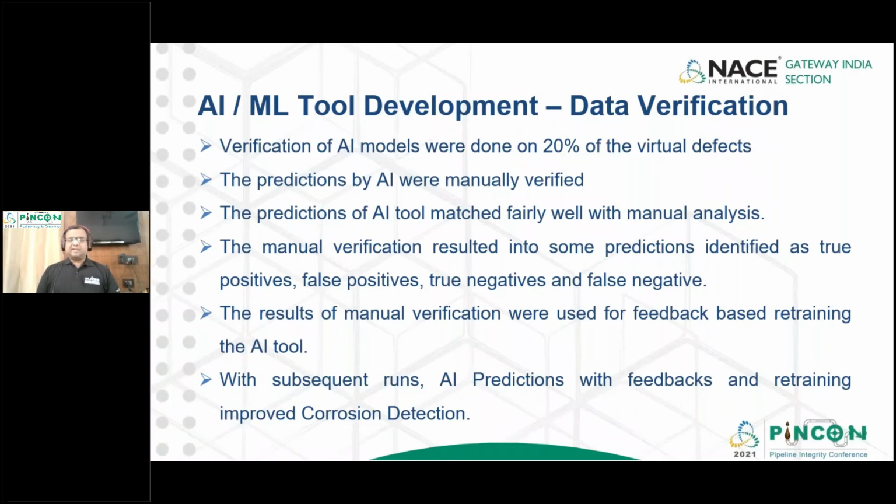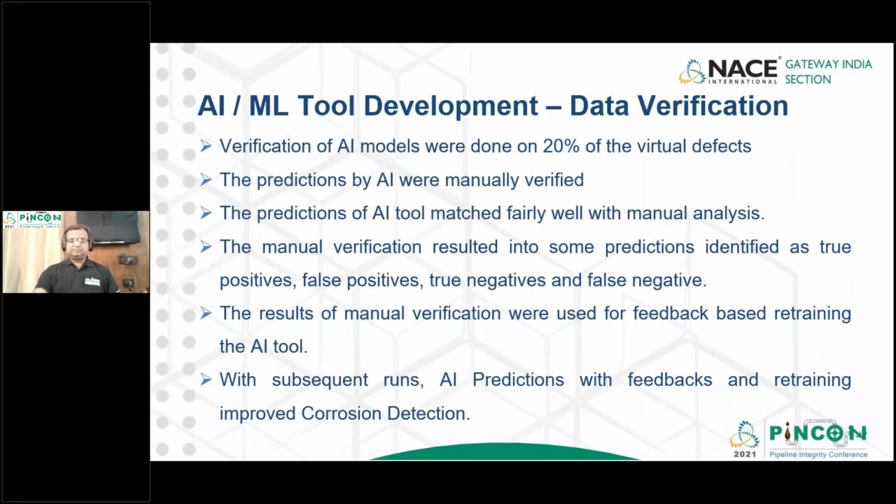The verified data, the feedback from the operators, was captured and then augmented to the training data, and the model was retrained. With continuous monitoring and feedback, we were able to achieve a very good efficiency, detect 95% of the metal losses in the complete run, and reduce a considerable amount of false positives, thus increasing the accuracy of the model.